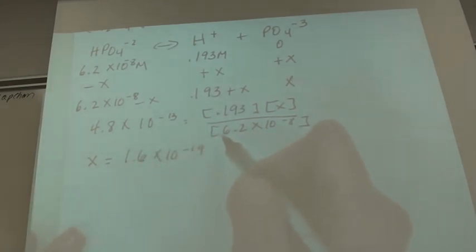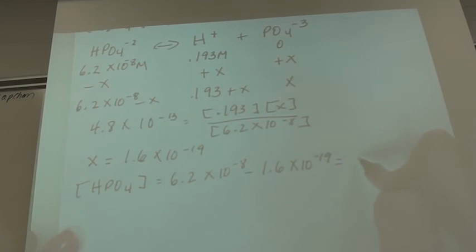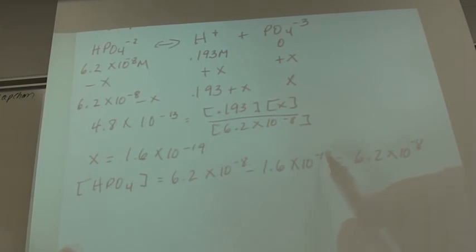All right. That means at equilibrium, the HPO4 minus 2 concentration is 6.2 times 10 to the negative 8 minus x, which is 1.6 times 10 to the negative 19th, which is 6.2 times 10 to the negative 8. That is just negligible. The PO4 concentration, bad me.